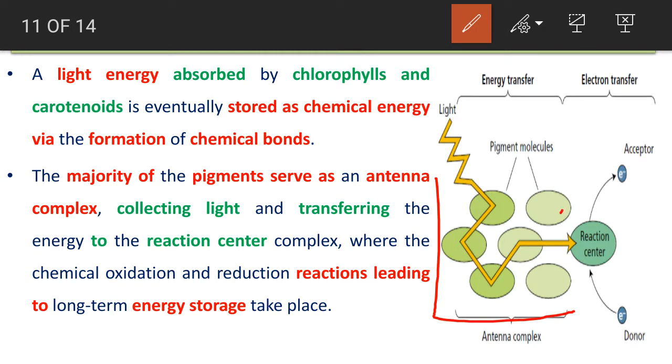It consists of various molecules of chlorophyll B and carotenoids. They trap the sunlight energy and transfer it to chlorophyll A. So chlorophyll A is the essential pigment and the rest are accessory pigments. This essential pigment chlorophyll A transfers its energy to the reaction center, where the steps leading to photosynthesis begin.